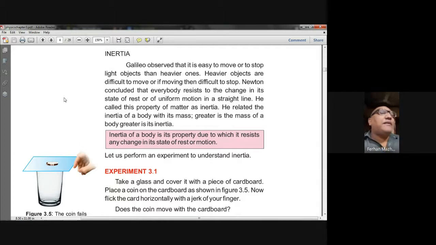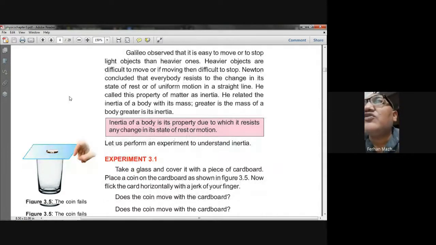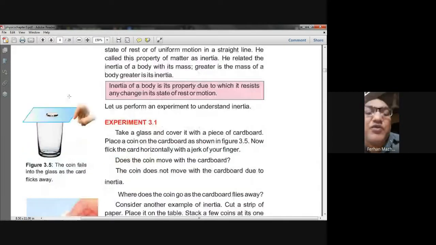Another very good example. Here they have shown an experiment. You take a cardboard, like a card, and you put it on a glass.